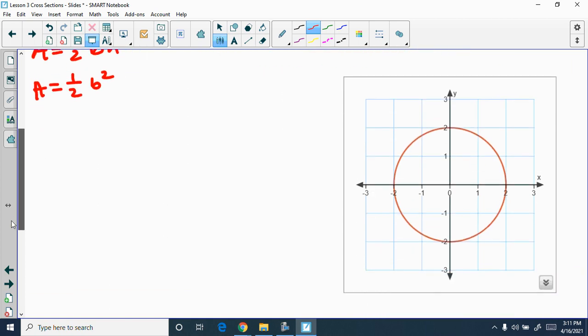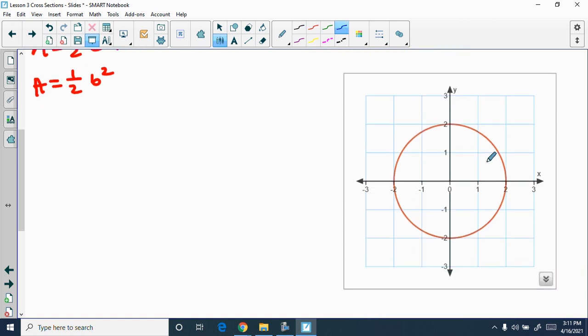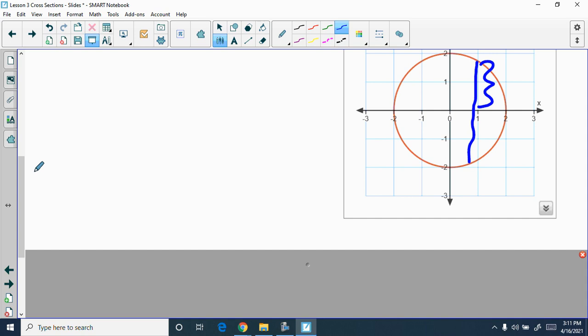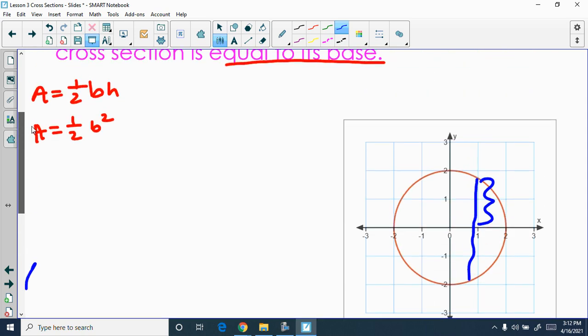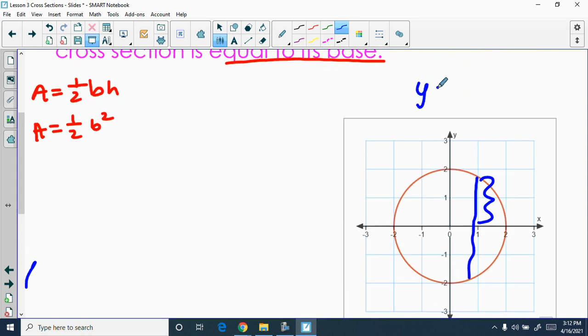All right, so here's our circle. And remember, to get the base of our triangle, we're going from circle to circle here. So this length is the piece we need to find. And remember from the last problem that when we solved for y, y was equal to plus or minus the square root of 4 minus x squared, because it's the same equation.